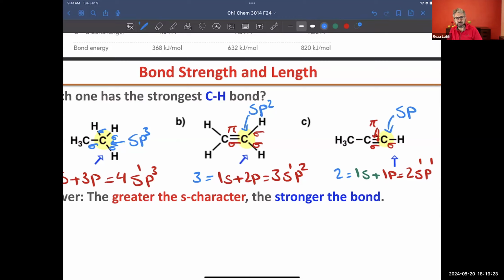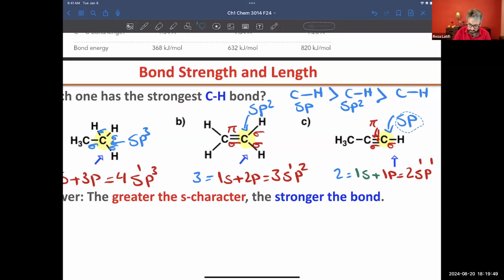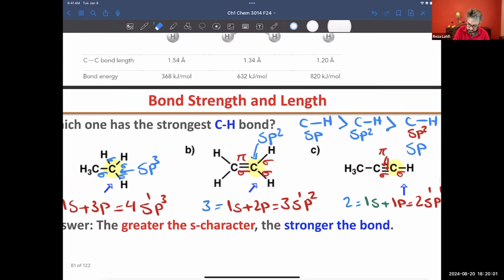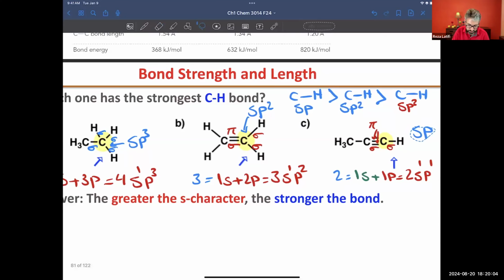Remember we said as we increase the S character, the bond gets shorter. It means it's getting stronger. So what's the strongest bond here? The strongest bond is the one that has the sp hybridization, and then CH with sp2. Last one will be CH with sp3 hybridization. So the weakest one will be sp3 hybridization. Let me just paste this one and move it, put this one here.